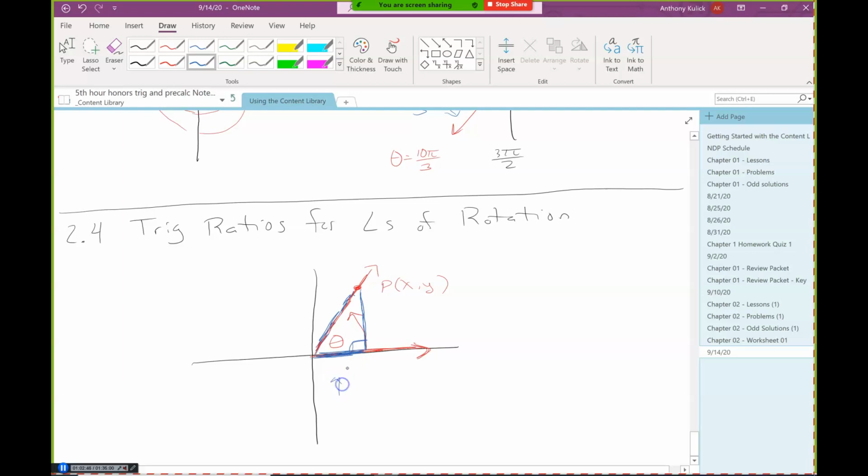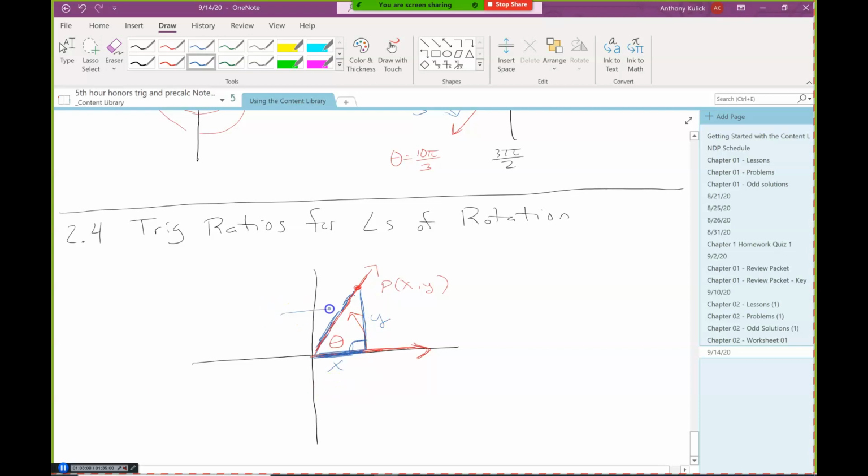What's this side length of my right triangle? X. Very good. Because the point is xy, we've gone x over. And then what's the other leg of my right triangle got to be? It has to be y.